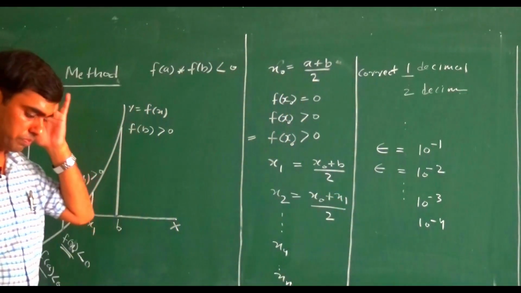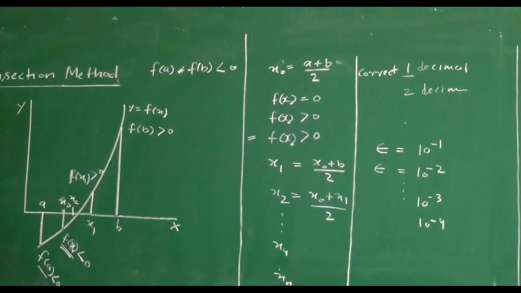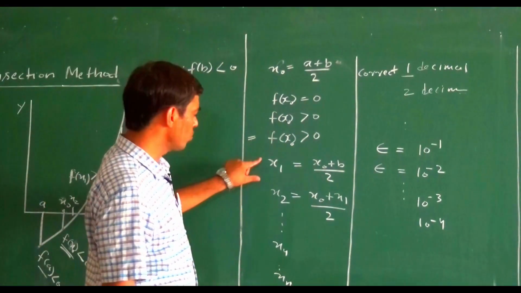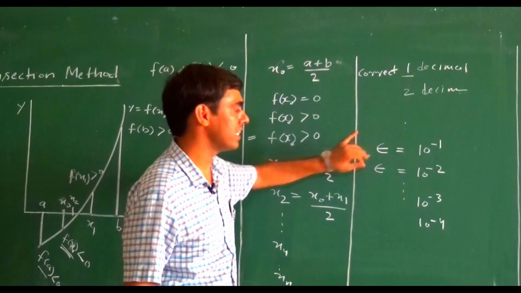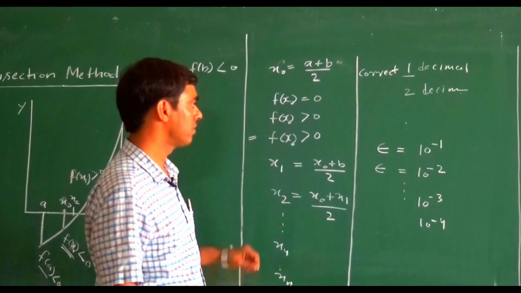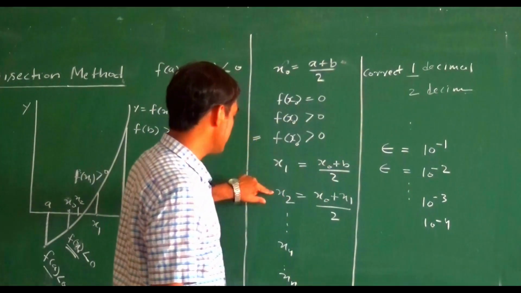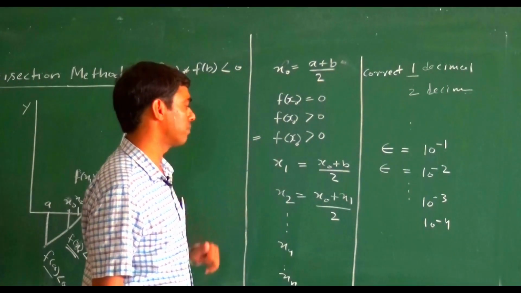So if the difference of two successive iterative values is less than this EPS, then we stop our iterative procedure.